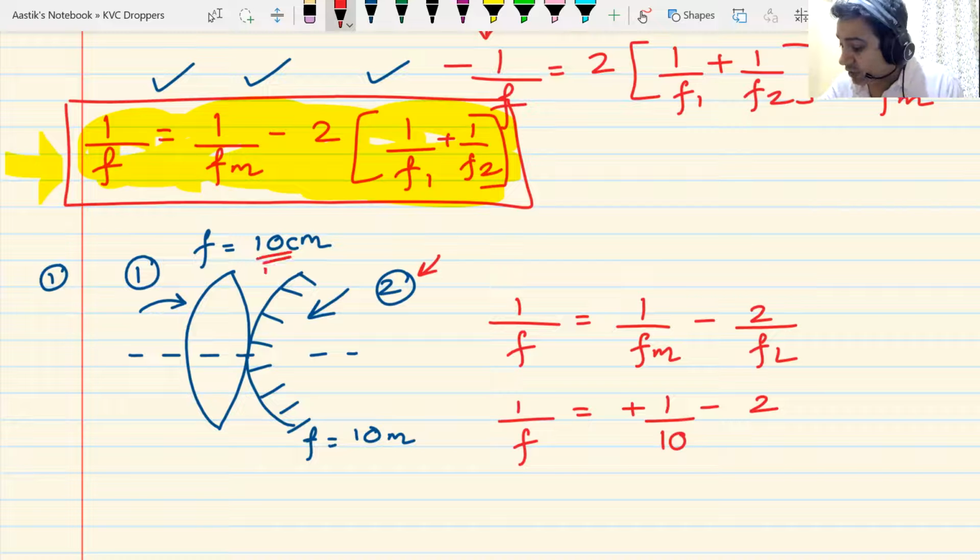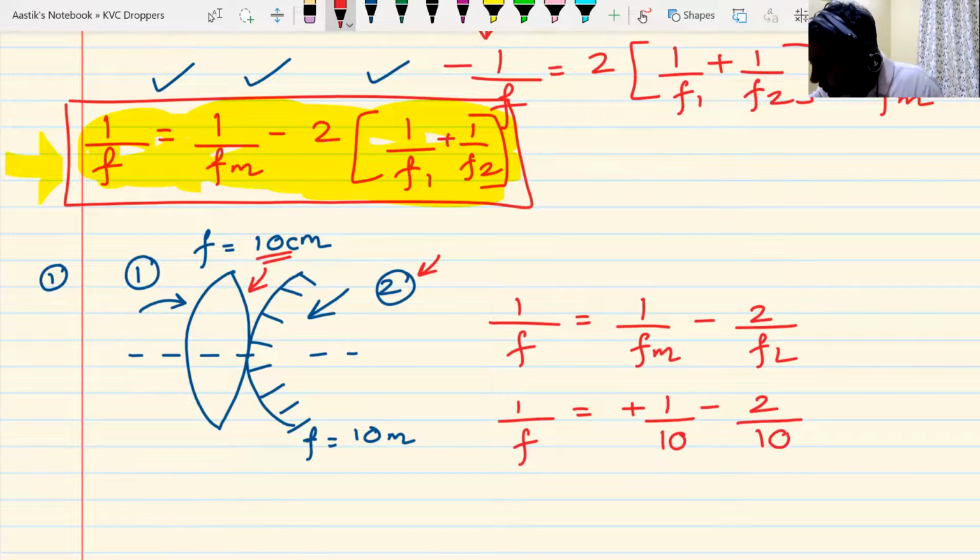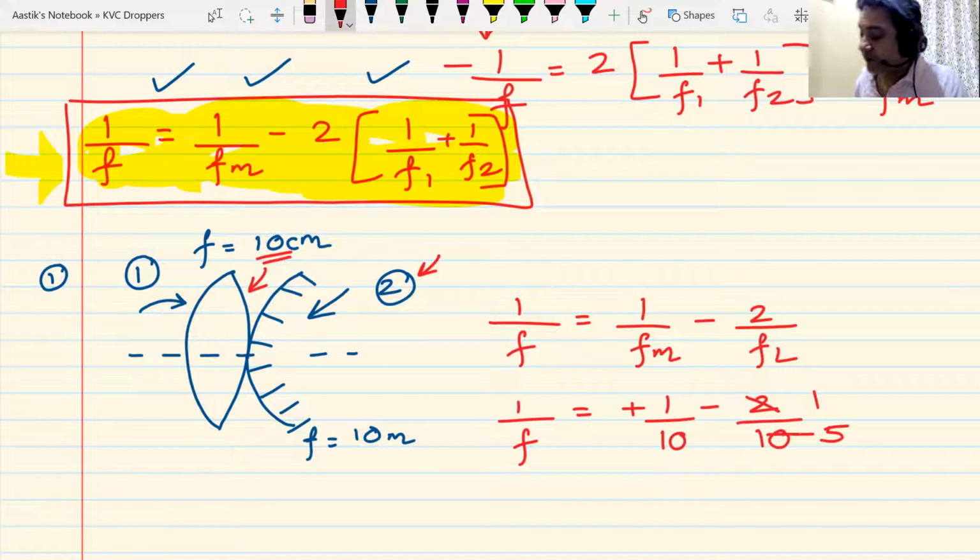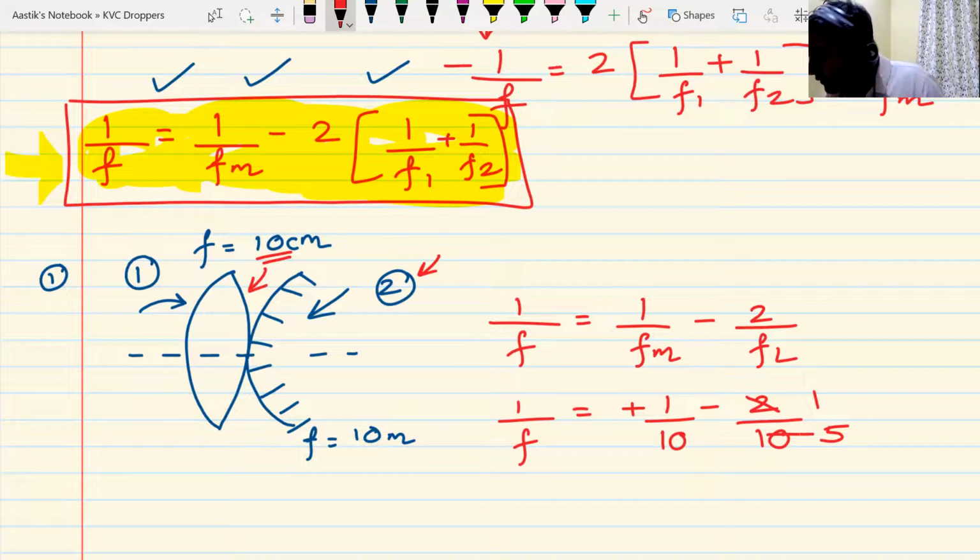This is a convex lens, so the focal length will be positive. So minus 2 by 10 becomes minus 1 by 5. 1 by f is equal to 1 by 10 minus 1 by 5.